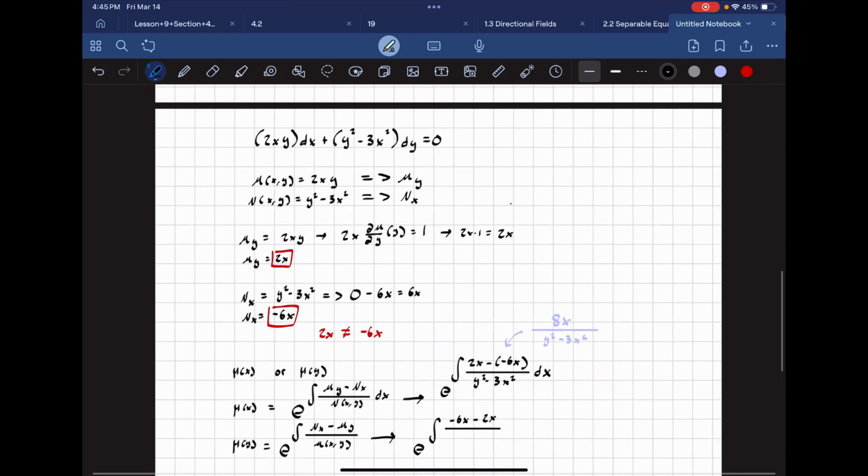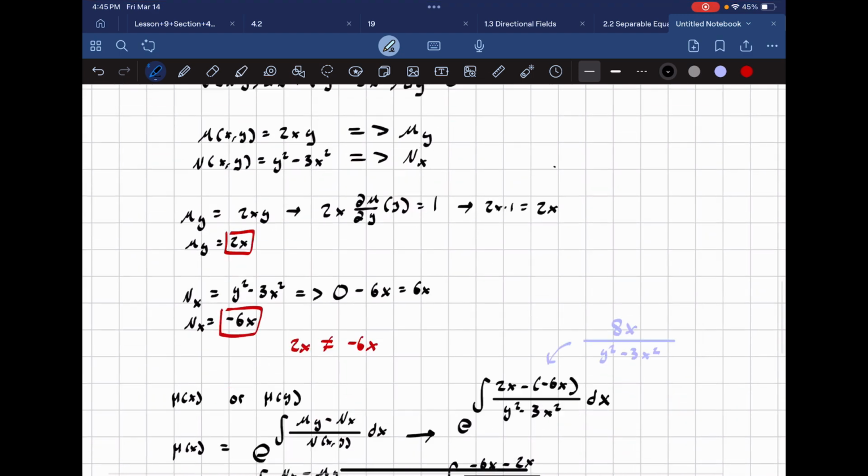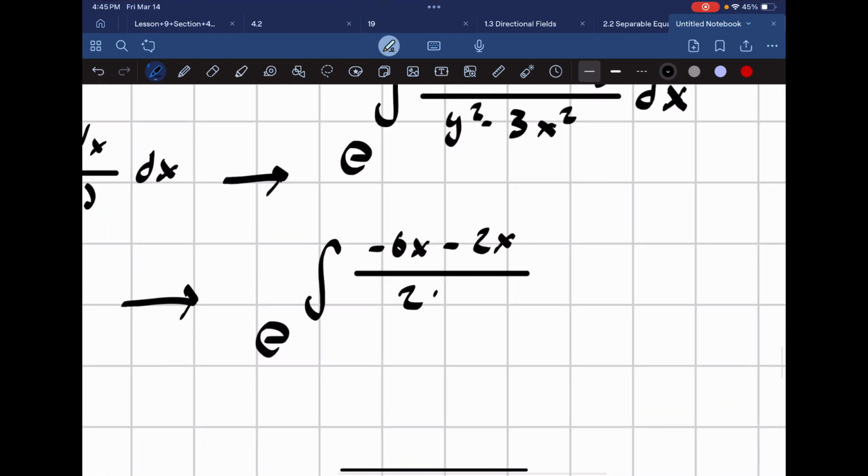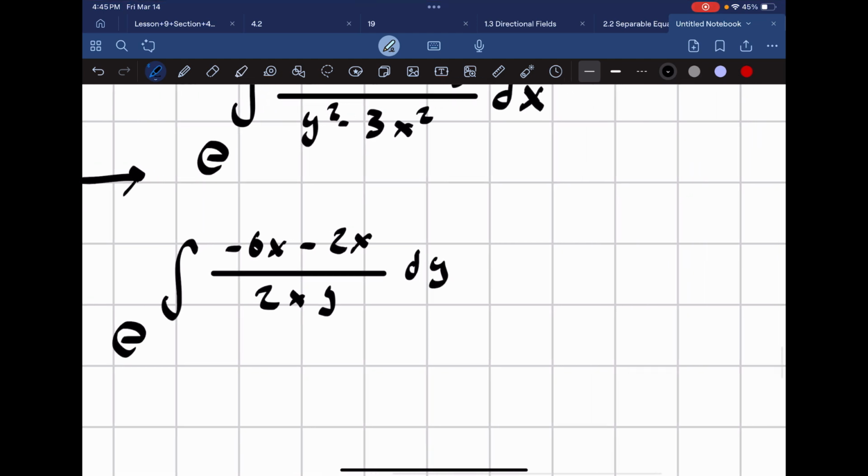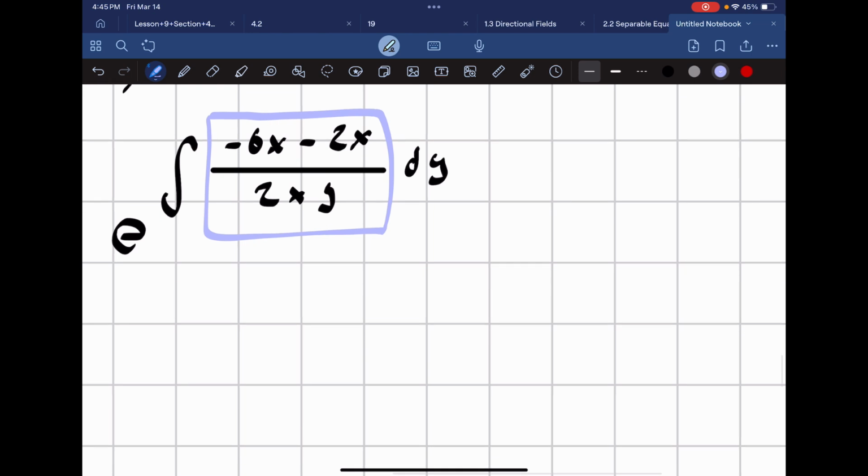M is 2xy, dy. Let's do the same thing here and try to simplify this so it depends on only one variable. That just equals negative 8x all over 2xy.